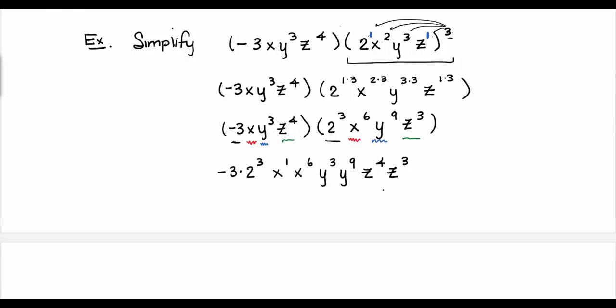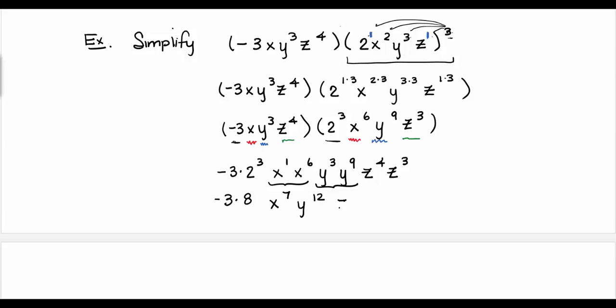And again, I know I'm writing a lot out, and eventually you'll see this very quickly, so you don't have to write all that. But here I'm going to take negative 3 times 8, and this is going to be x to the 1 plus 6, or x to the 7th. This is y to the 3 plus 9, or y to the 12th.